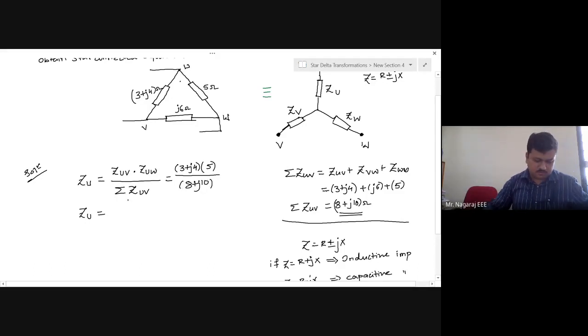When I press equal to, I will get 80 by 41 plus 5 by 82I. When I convert this ratio into decimal numbers, I get 1.95 plus J0.06 ohms.